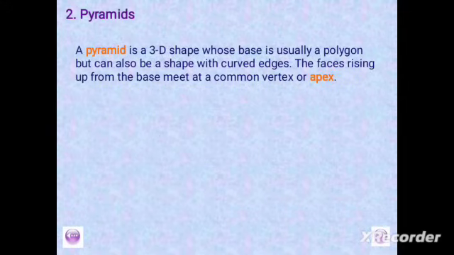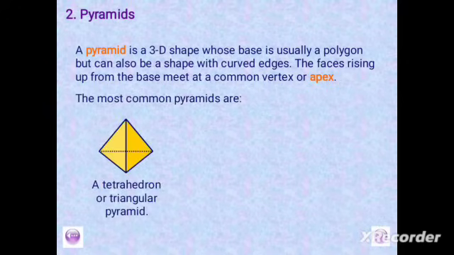Now number 2, pyramids. A pyramid is a three-dimensional shape whose base is usually a polygon, but can also be a shape with curved edges. The faces rising up from the base meet at a common vertex or apex.